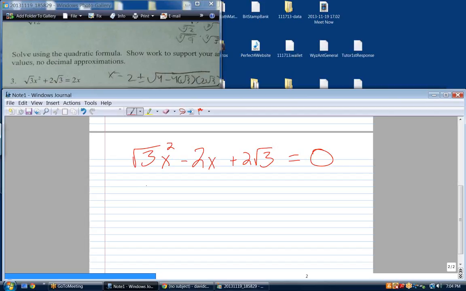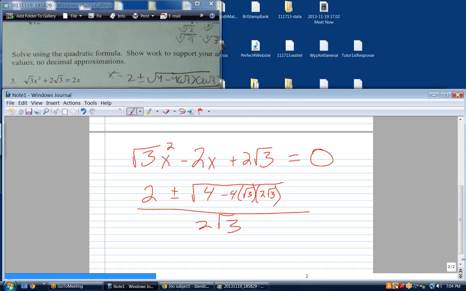Okay, so let's plug it in. It'd be 2 plus or minus the square root of 4 minus 4 times square root of 3 times 2 square root of 3, all over 2 square root of 3.